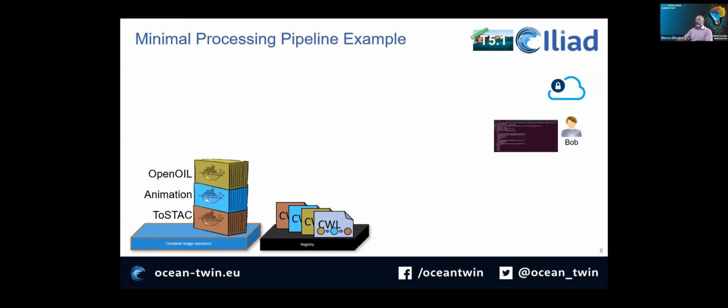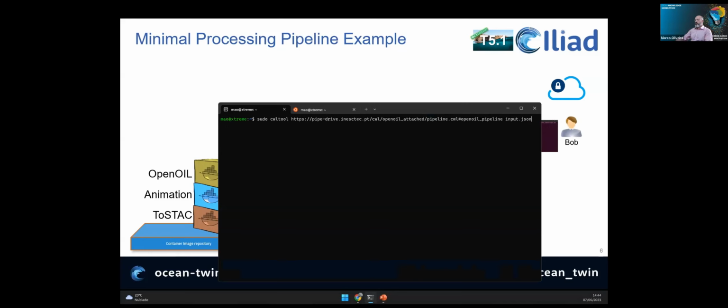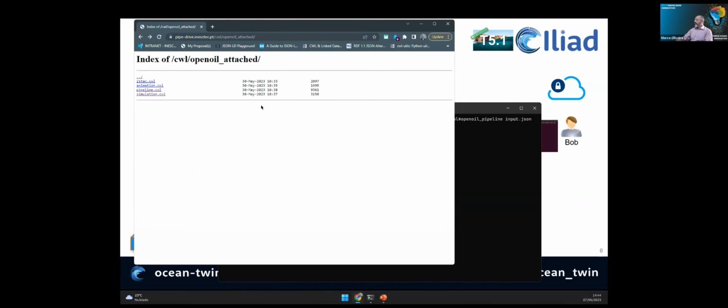I will open here an application, and sorry, where is the browser? It's here. So I have here a small example of this pipeline that I have drawn on the backend. These are the three different CWL files and the pipeline overall.